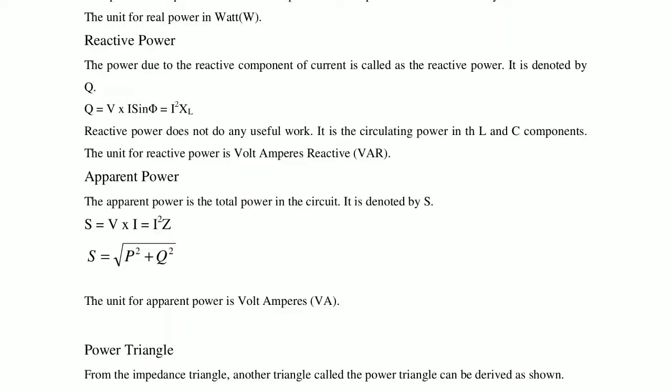The unit of apparent power is volt amperes. For example, for a power transformer, the units are kVA, kilovolt amperes.